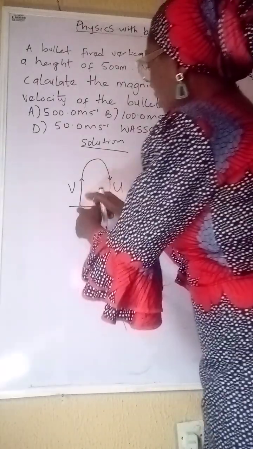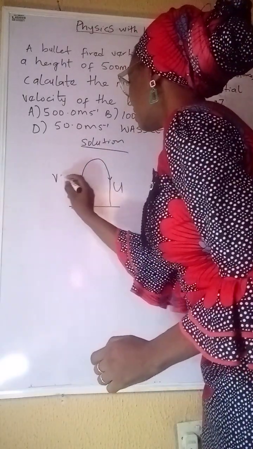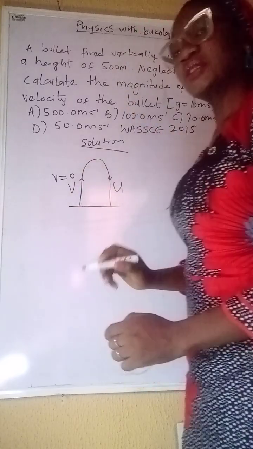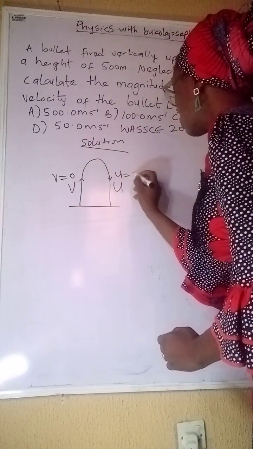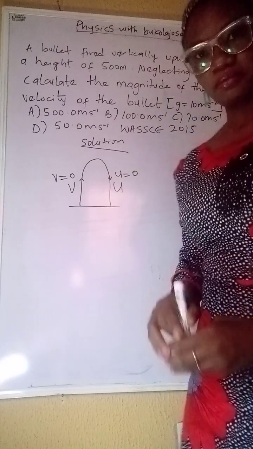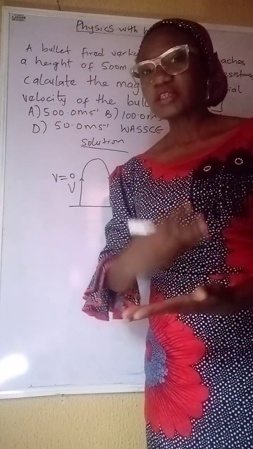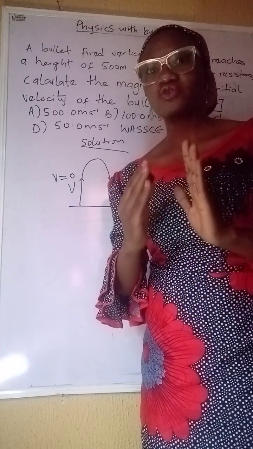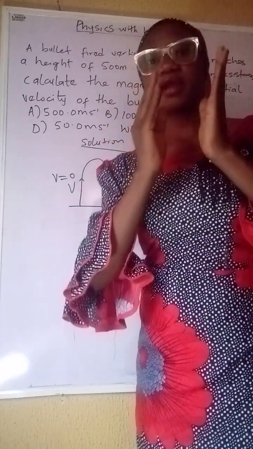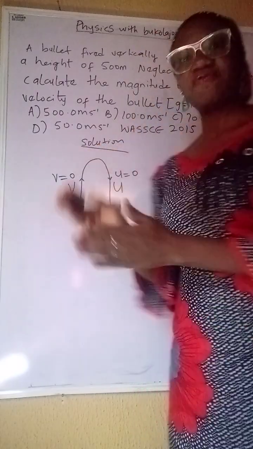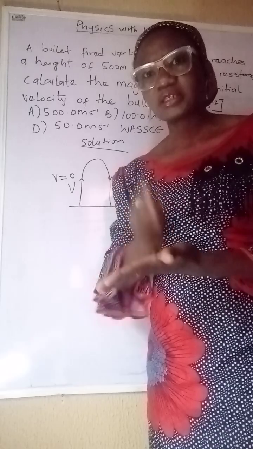Now, if a body is going up, V is equal to 0. If a body is coming down, then U is equal to 0. What is V? V is the final velocity. So for any motion in the upward direction, the final velocity is 0.